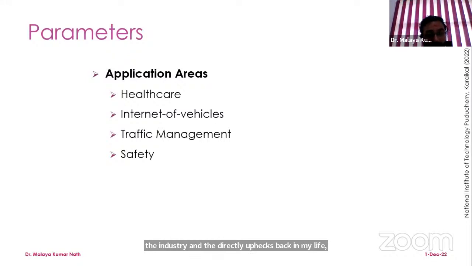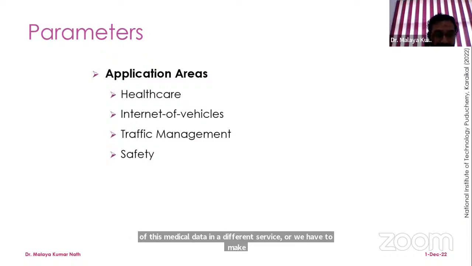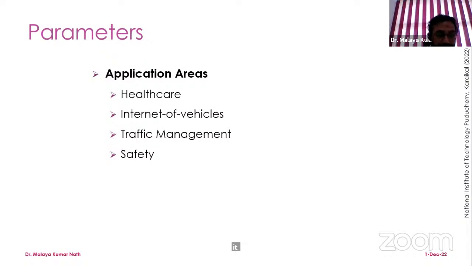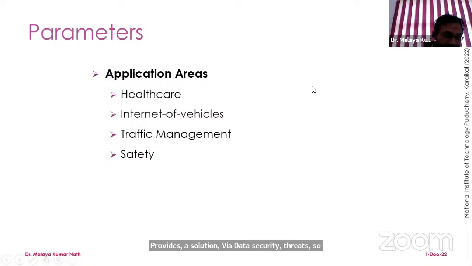So we have to store the medical data on different servers, or make it decentralized. Hence blockchain technology can play a vital role in preserving the data, as it is inherently decentralized and provides a solution to data security threats. Blockchain protects the dataset from planned or accidental loss.